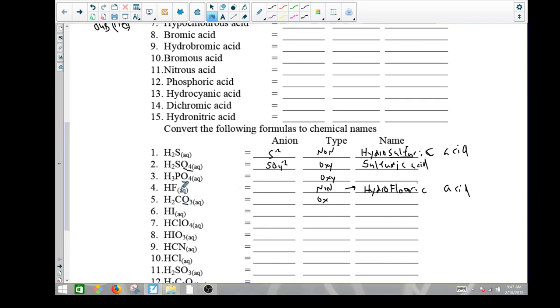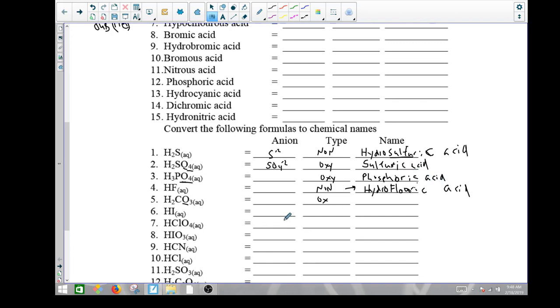And then this is phosphate. So it's going to be phos, that's what they typically use for the prefix for phosphate. And then it's phosphic, actually phosphoric acid.